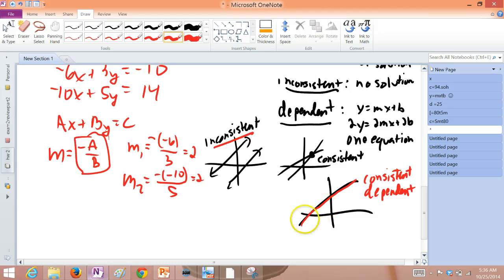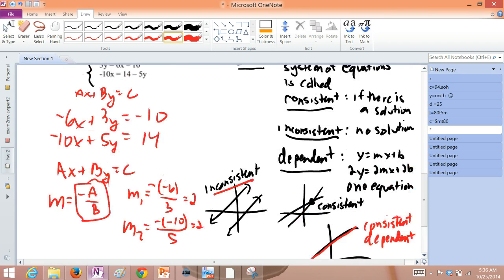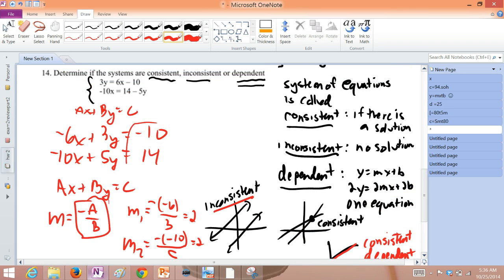It looks like they have the same slope, but what's different is that on the right hand side, these numbers won't be the same, or won't be one multiple of the other, and so that's why for this question the lines are inconsistent.